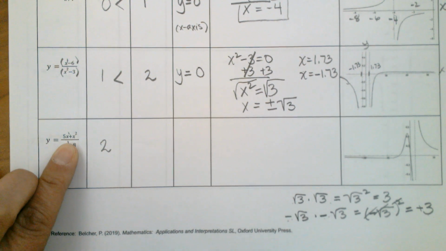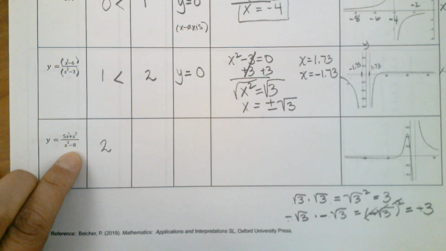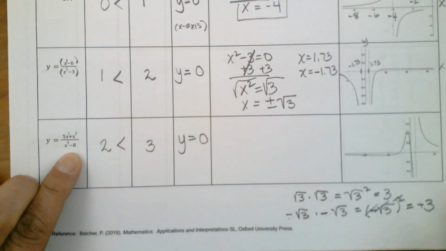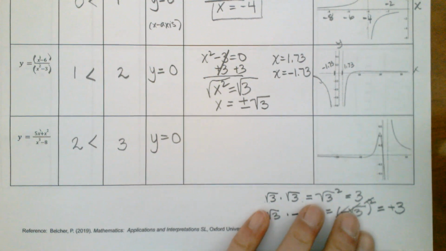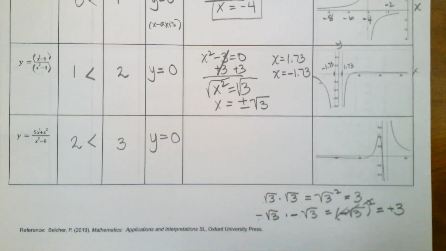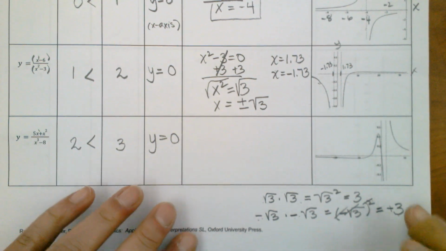They might be rearranged. So you have to look for that highest exponent. And in the denominator, we can clearly see that the highest is 3. 2 is less than 3, so we have a horizontal asymptote at y equals 0. And we do see that the y equals 0, it's going to be this graph that's going to try to come and get as close to the x-axis as possible. So that's that one's asymptote.